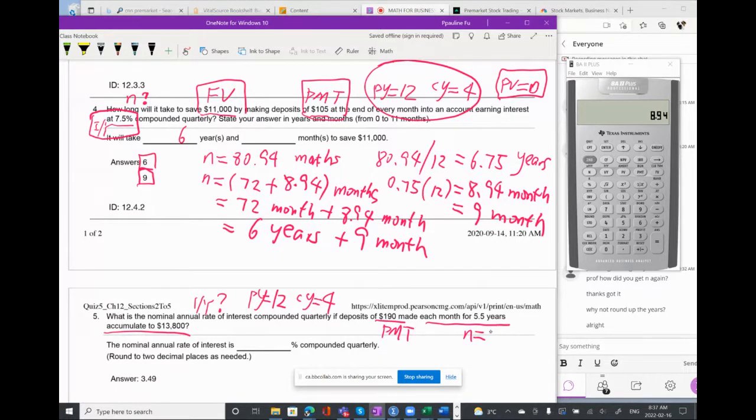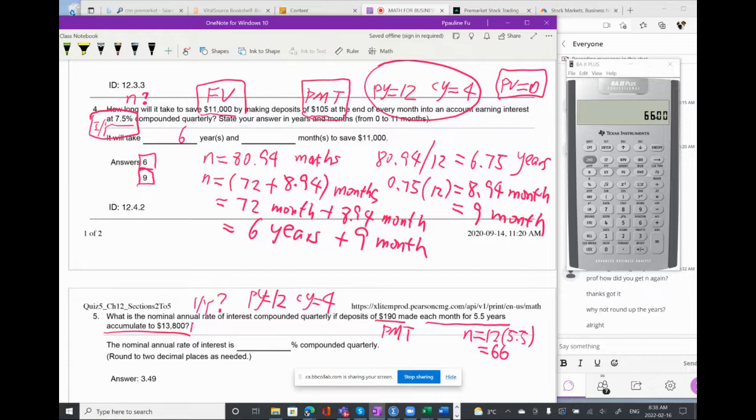5.5 years each month, so use 12 times 5.5. 12 times 5.5, that is the term N, 66. Okay, N equal to 66.